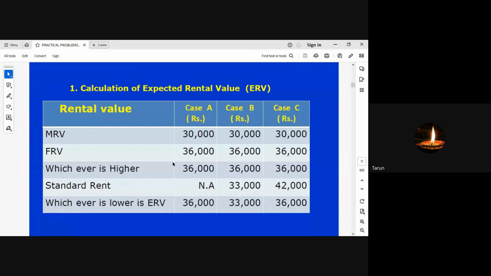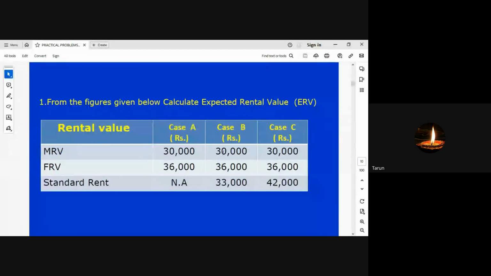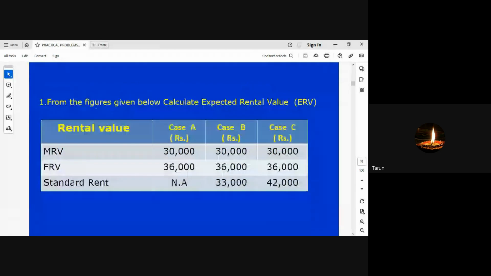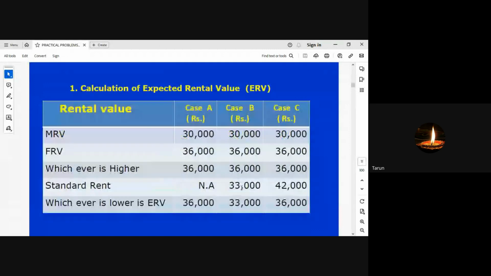So let's talk about case B and case C. Case B: the municipal values are 30,000 and 36,000, whichever is higher is 36,000. Standard rent is given in case B as 33,000.